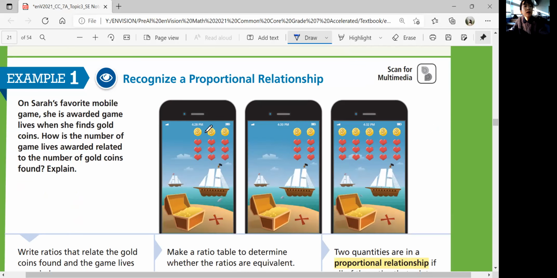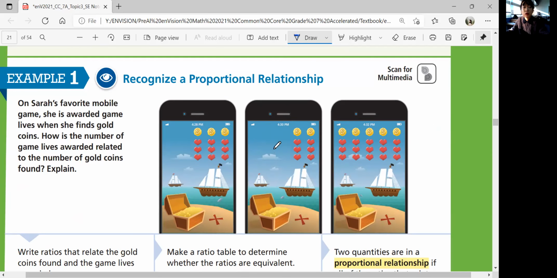So every time she finds a gold coin, she gets 3 hearts, it seems like, right? She has 3 coins and a total of 9 hearts here. She got 2 coins, she has 6 hearts. And then 1, 2, 3, 4, 5 coins and 15 hearts, right? So you can already see the pattern there. Every coin is 3 hearts.